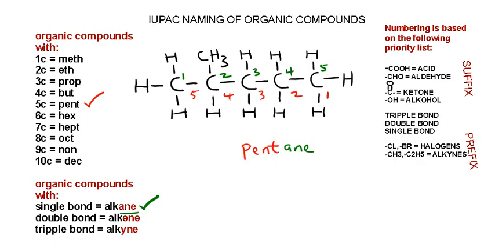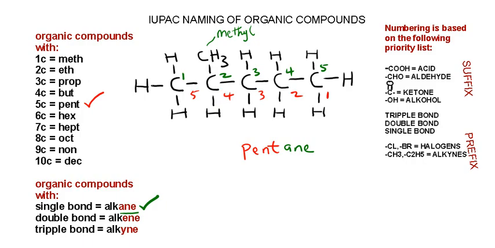Then let's go ahead and check if there is any functional group in this organic compound. We have identified one functional group here called methyl. This methyl is attached to carbon number 2 in forward direction and carbon number 4 in backward direction.